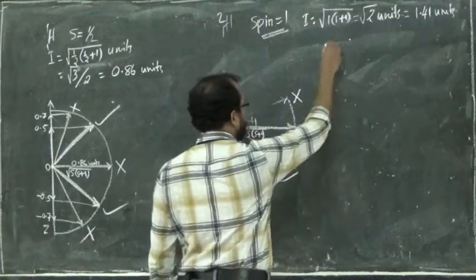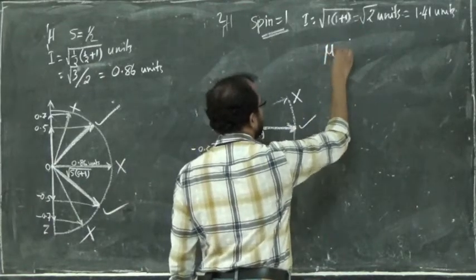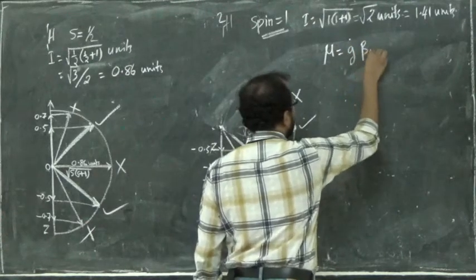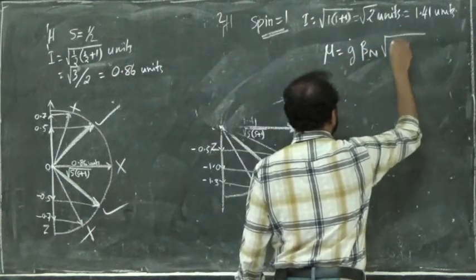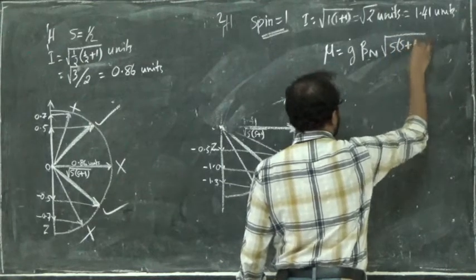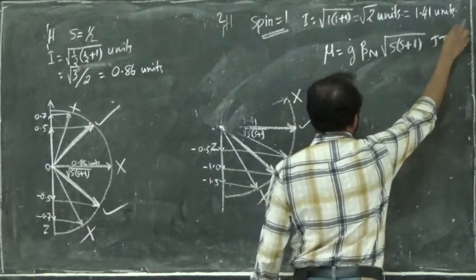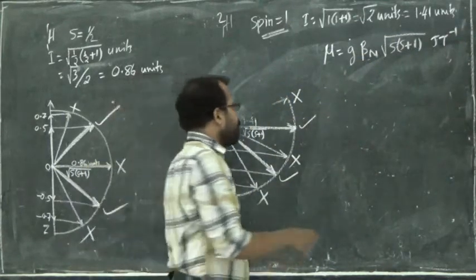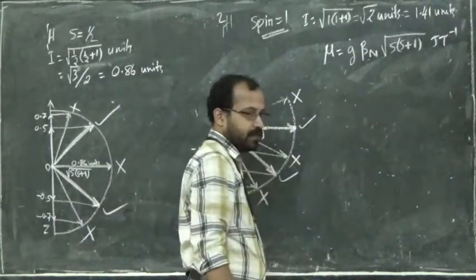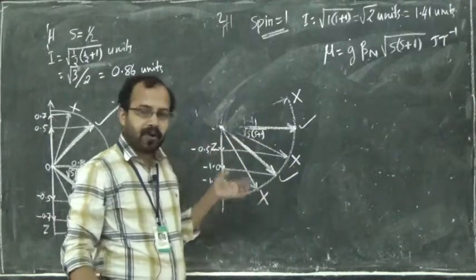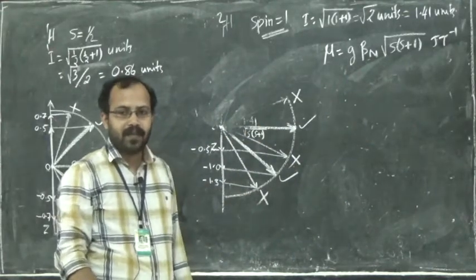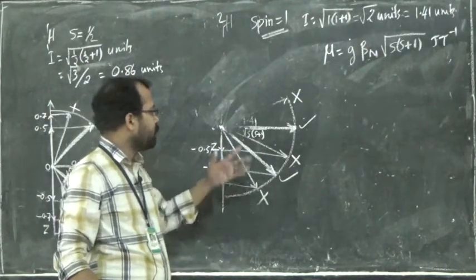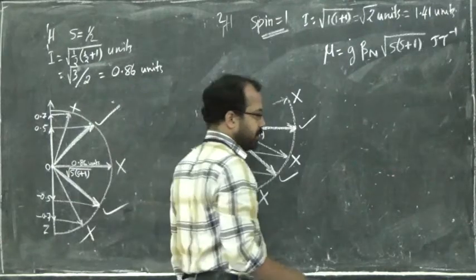So, we already know that the magnetic moment mu is equal to G beta n into root of S into S plus 1 joules per Tesla. This we already know. That is the magnetic moment. Now, what about the component of the magnetic moment in the reference direction? Here the reference direction is Z direction.